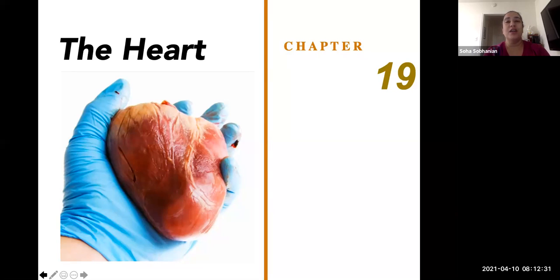And when we're talking about oxygen rich or oxygenated blood, that's the blood that is packed with a lot of oxygen and very little carbon dioxide. This blood is going to be ruby red.